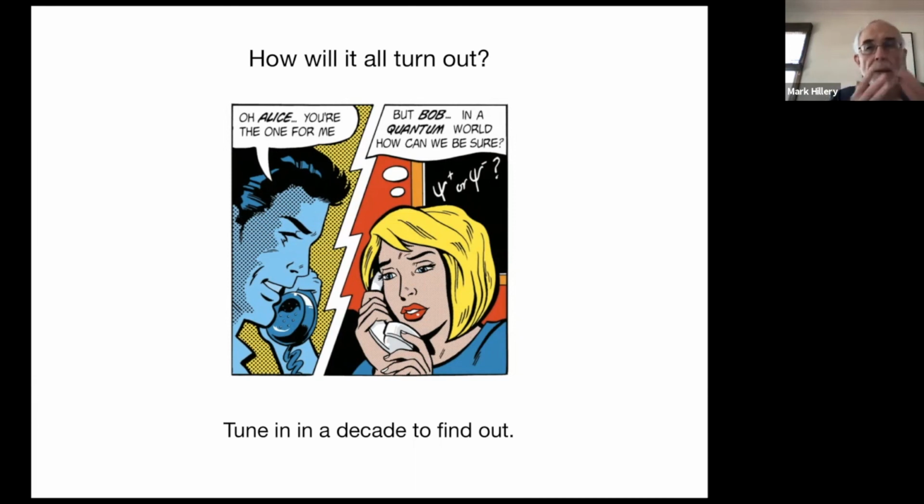So you can view it as a theorem, for example. You can basically prove that if you start out with no entanglement and have only LOCC operations available, then you cannot create entanglement.